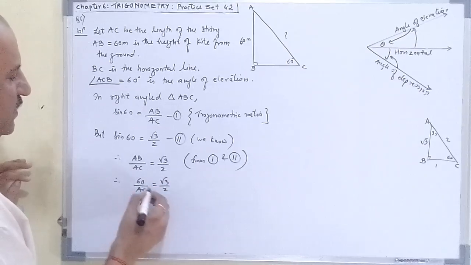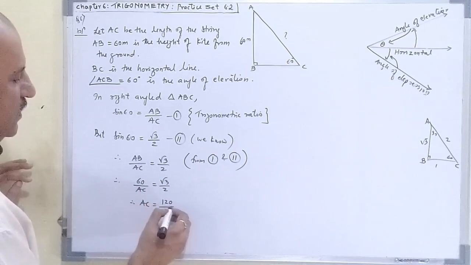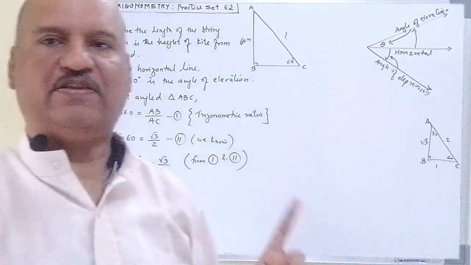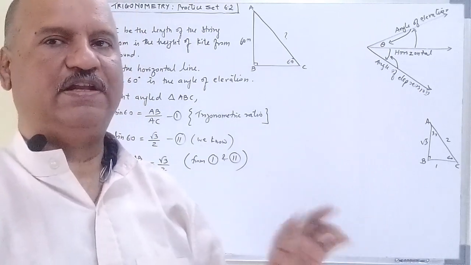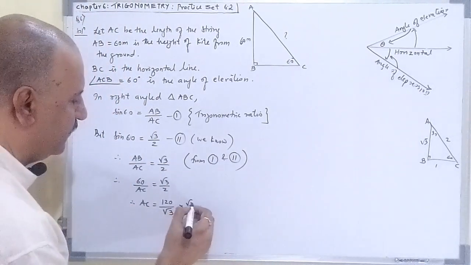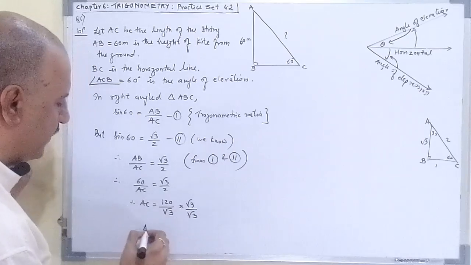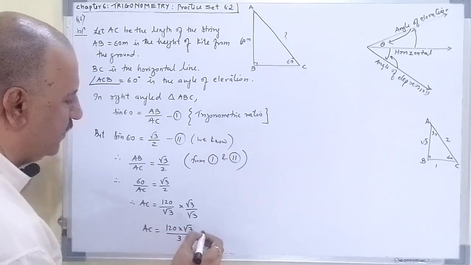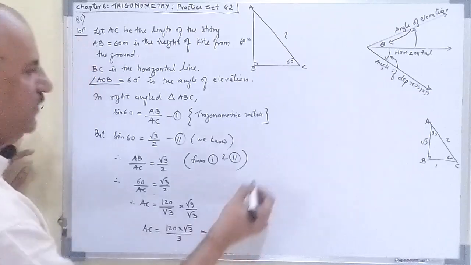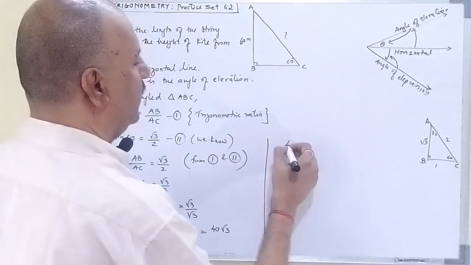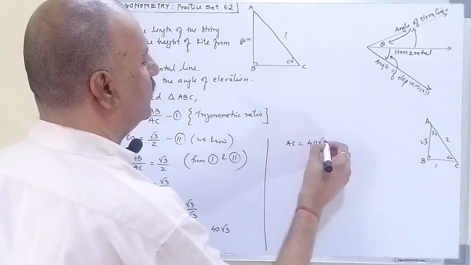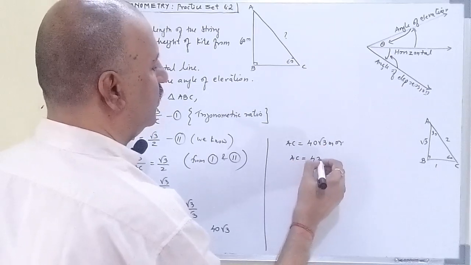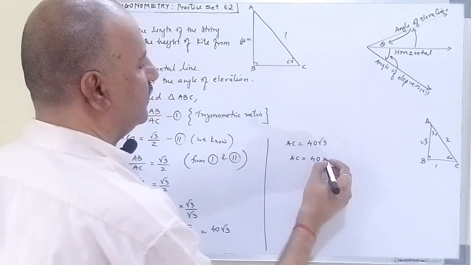So what will AC be? 60 into 2 is 120 upon √3. We have to rationalize this. Rationalize the denominator. √3 is irrational. To rationalize it, multiply and divide by √3. What will AC be? 120 into √3/3. So it will be 40√3. AC equal to 40√3 meters, or 40 into 1.73, they have probably given 1.73.